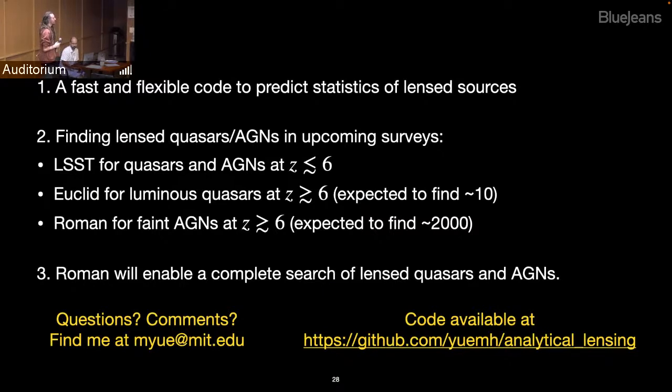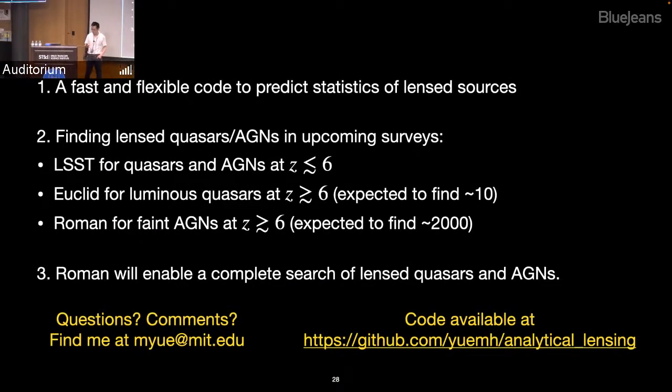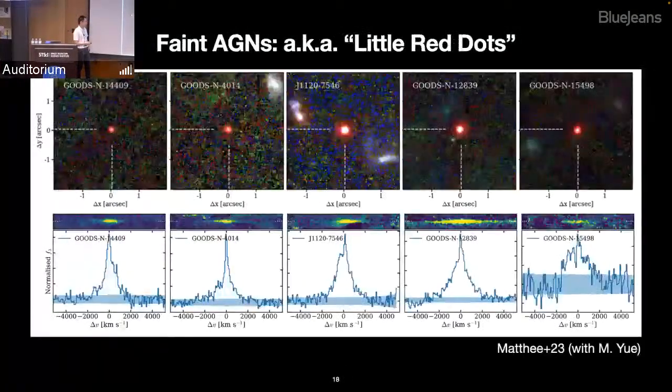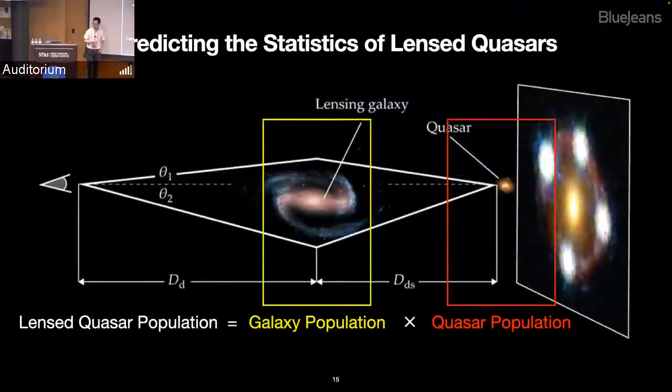Well, anything we can find with Roman, whether we find more or fewer than we expect, will be very interesting, because if I go back to this illustration, it means something is wrong with either our knowledge about the foreground galaxies or the background quasars.